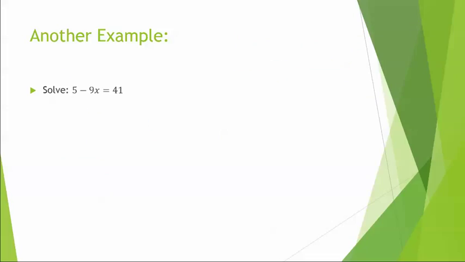5 minus 9x is equal to 41. This one's a little trickier because these two are not quite in the order you're used to seeing them. Okay, but you're still going to do the same process. We can use the commutative property to rearrange these.